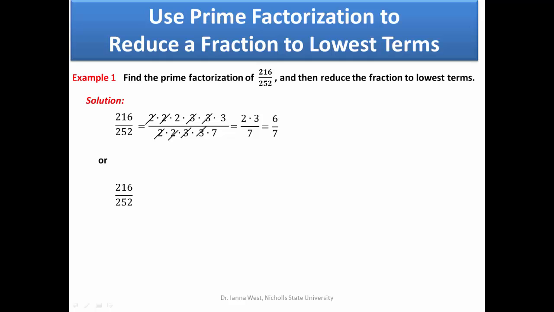So another way to reduce this fraction is to divide 36 into both the numerator and the denominator, giving us 36 times 6 over 36 times 7, leaving us with the reduced fraction 6/7. Therefore, 216 over 252 in lowest terms is 6/7.